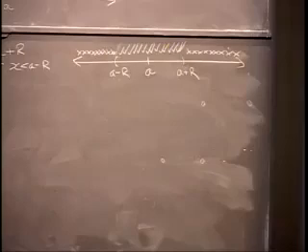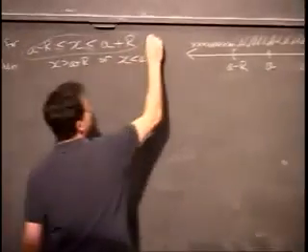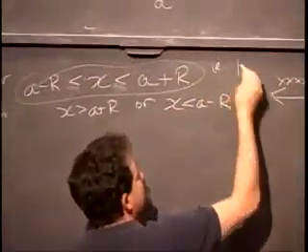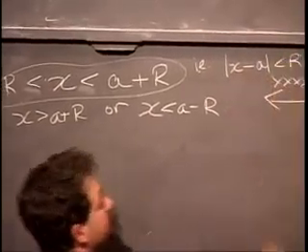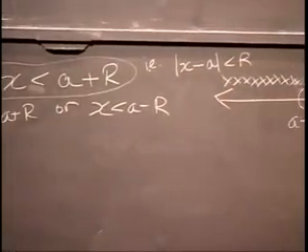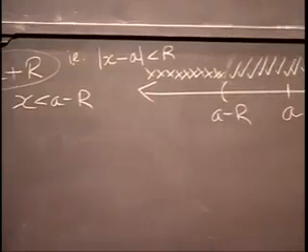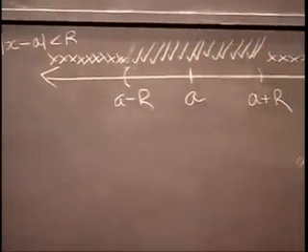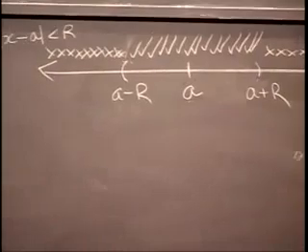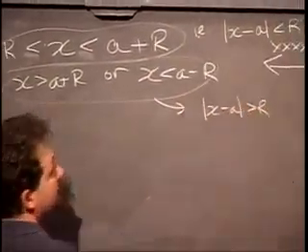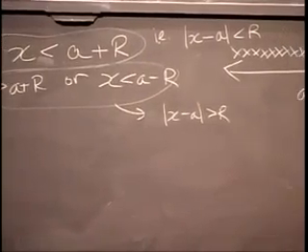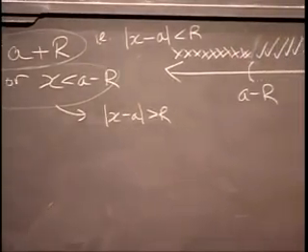Now, a couple of comments. A good way to rewrite this inequality is that the distance between x and a is less than r. On the number line, the absolute value of x minus a is the distance from x to a. And in the diverging case, the absolute value of x minus a is greater than r. So that's one comment. You can write those inequalities as one absolute value inequality.